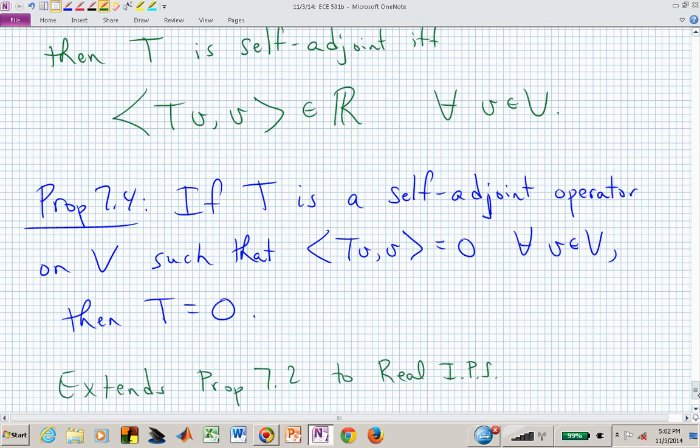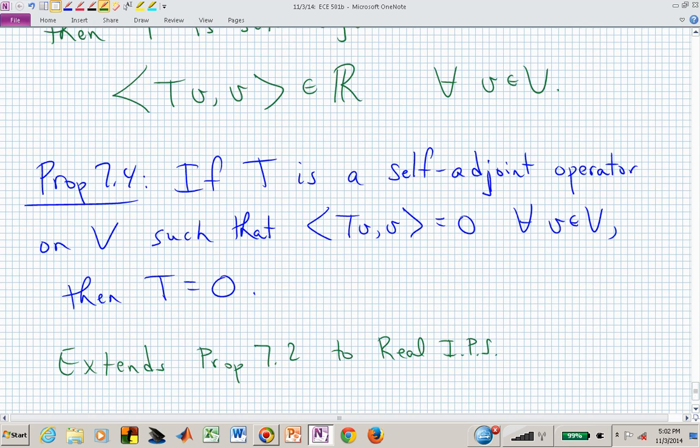In 7.4, we didn't say anything about V. So now 7.4 just says you have an inner product space V, such that the inner product of Tv with v is 0, then T is equal to 0. But we've specialized this map T to be self-adjoint. That's the restriction here.